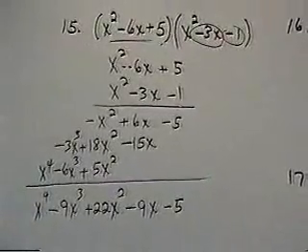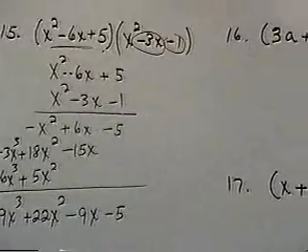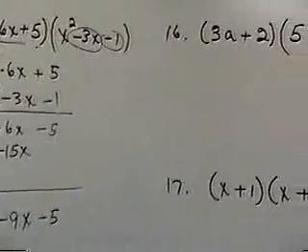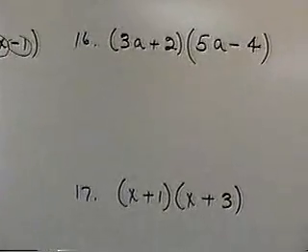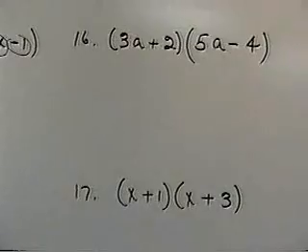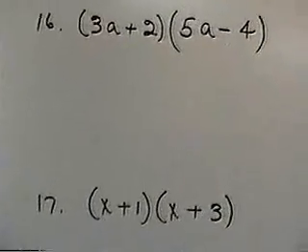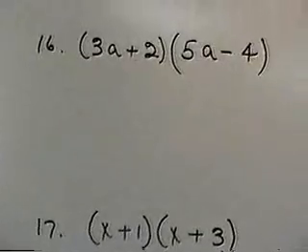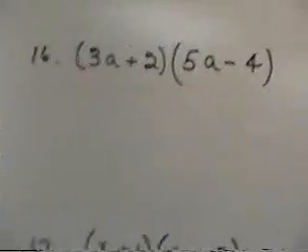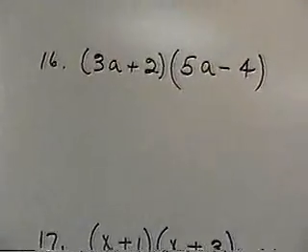All right, now what I want you to do is to change gears, look at 16, and we're going to learn a special way of multiplying binomials times binomials. The reason that you need to learn this method is it's going to help you in the next tape on factoring.